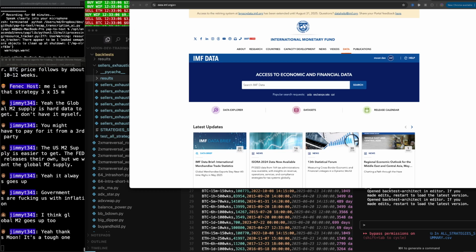Long story short, M2 global money supply is a little harder to get than the US data. The US data is available just by Googling it. The tricky part of testing this idea is getting that M2 global money supply data.